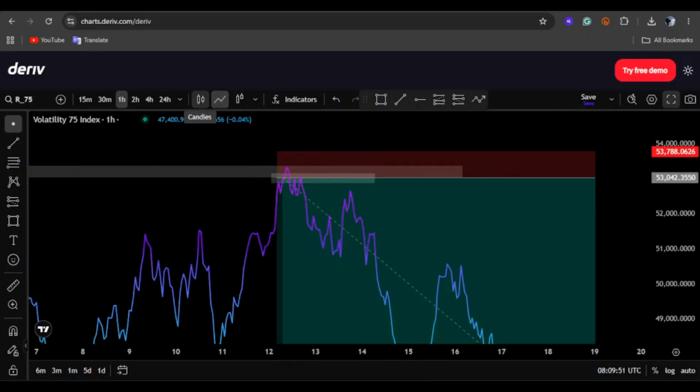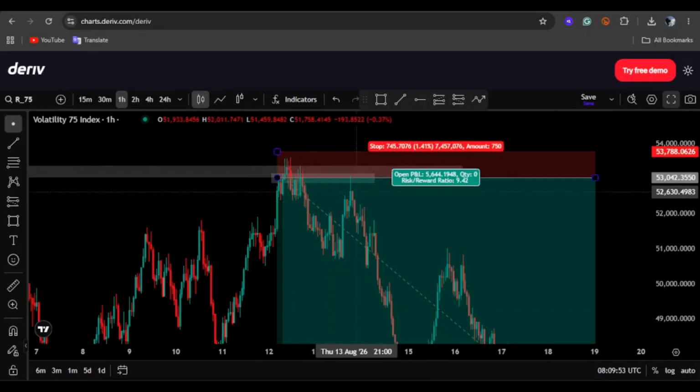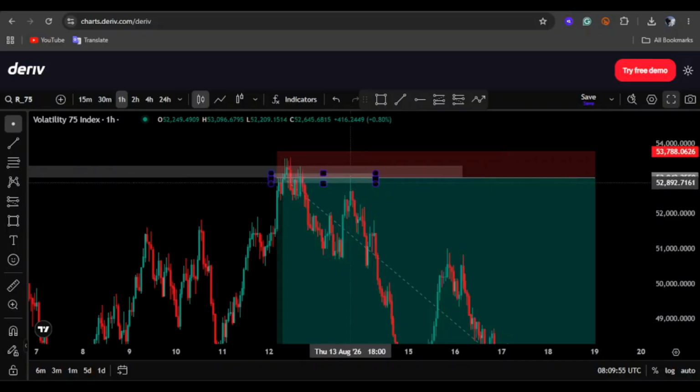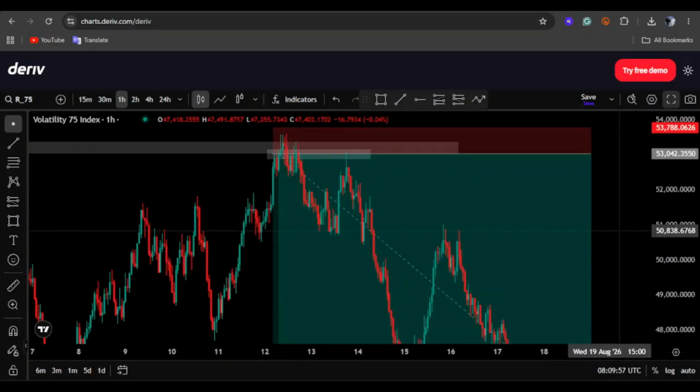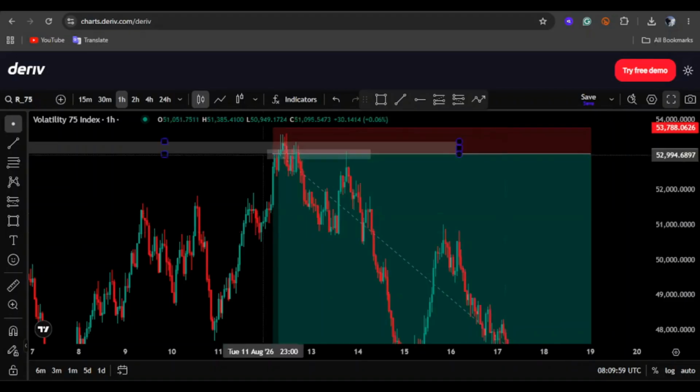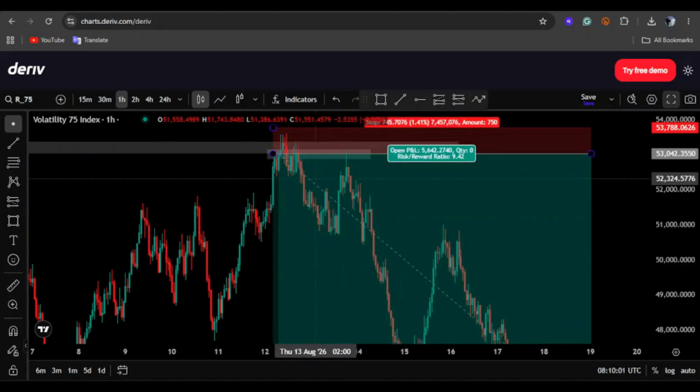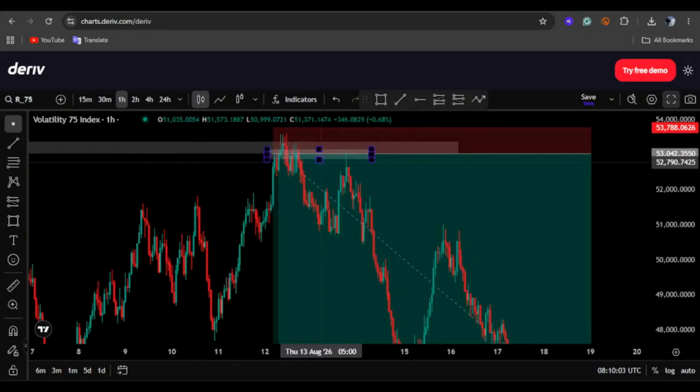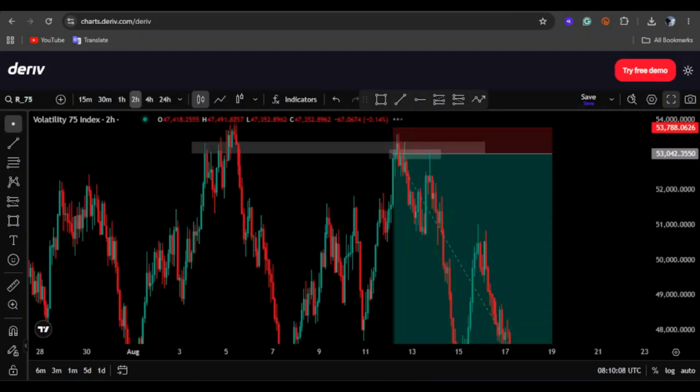If I change this into candles, you can see that the market came and tapped that zone over there, and from there it just moved to the downside. So if you had missed it here, this was also another opportunity for you to enter, right? It was a very good opportunity.